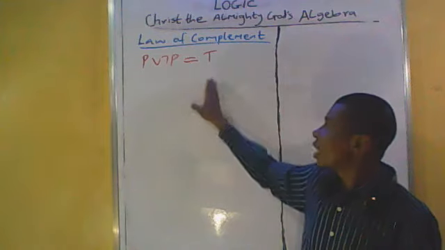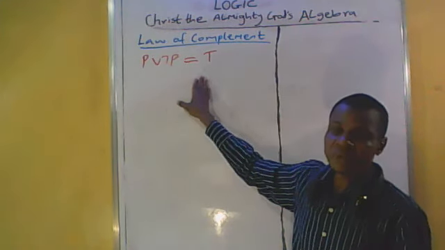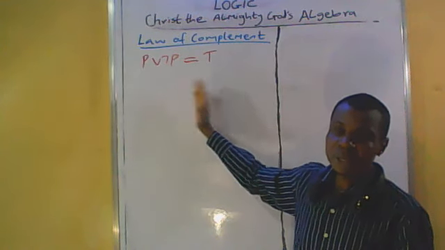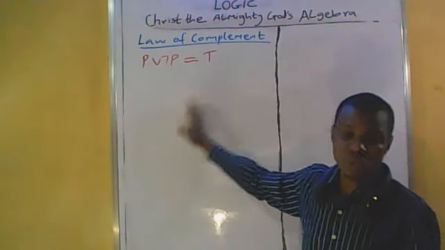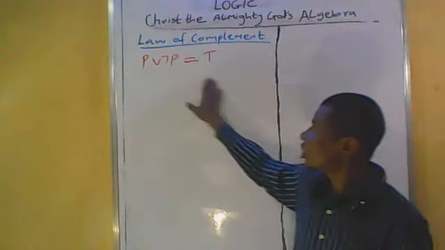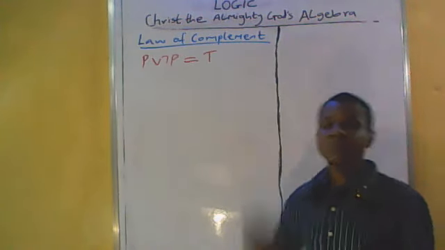So there is no case of variable. I mean falsity and truth. Always truth, always. So since that is the case, it is logically equivalent. I mean it is law.